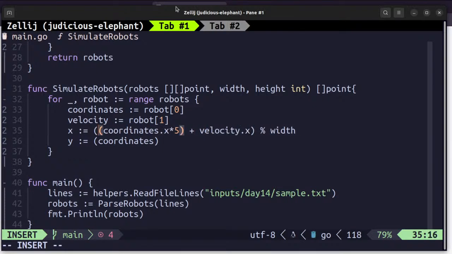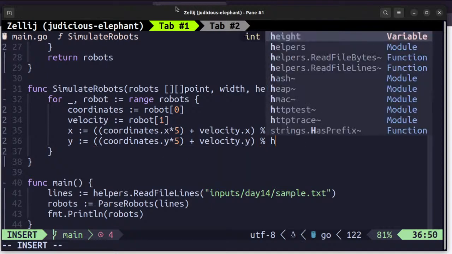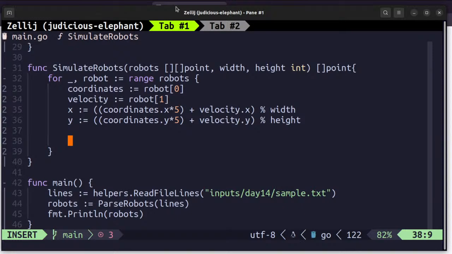So this whole thing will be modded with the height, and that should be it.